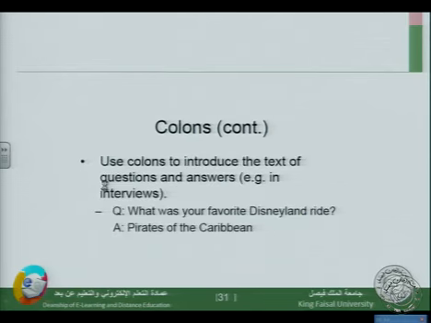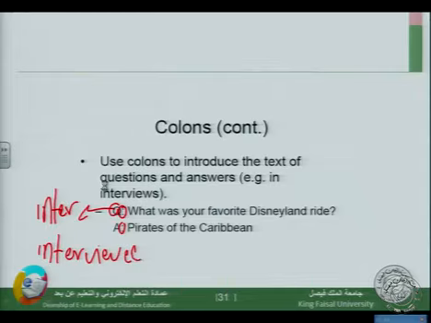Use colons to introduce the text of questions and answers. For example, this is in an interview. Question, colon: What was your favorite Disneyland ride? Answer, colon. So if you have an interview, you need to put a colon after the question, or instead of question, maybe interviewer and interviewee: interviewer, colon; interviewee, colon. Or Ammar, colon, and Mohammed, colon.